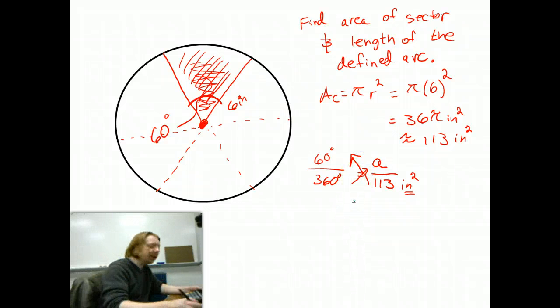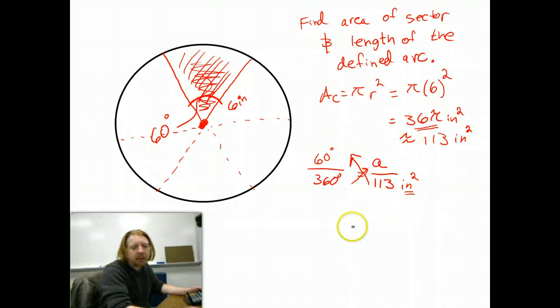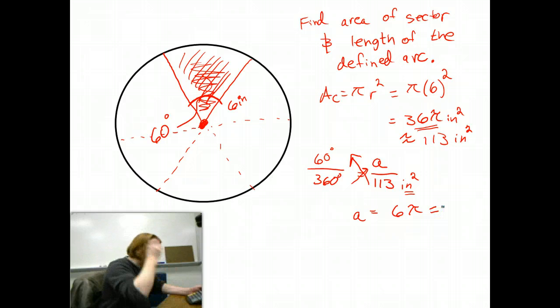Now what's nice about this, if I had worked in terms of pi, I would get an answer of 6 pi. Let me verify that real quick here. 6 times 3.14, 18.8. Now let's verify that that's what I get. 60 divided by 360 times 113.